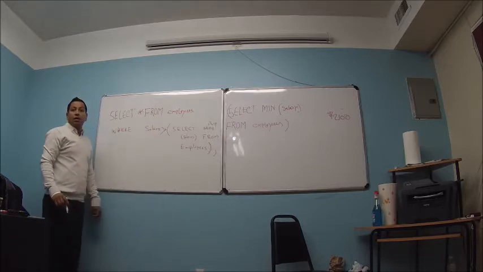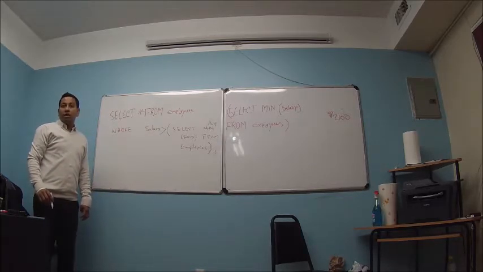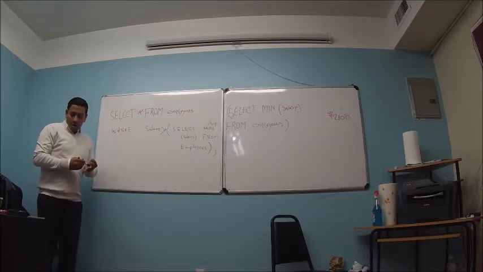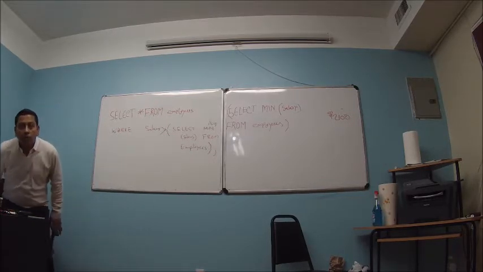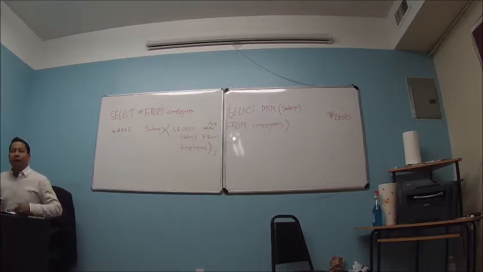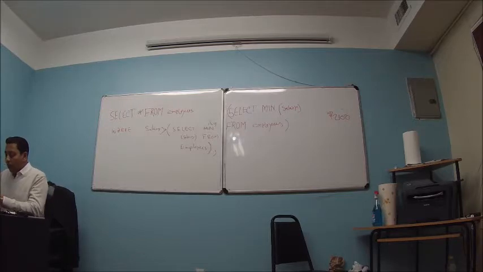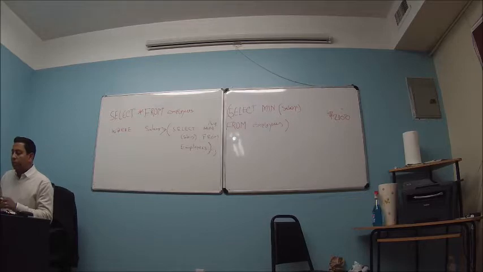You just pull this. That's why the subquery comes in very handy. I want you to understand it. So what is my average salary? AVG, right? And I get the average salary.